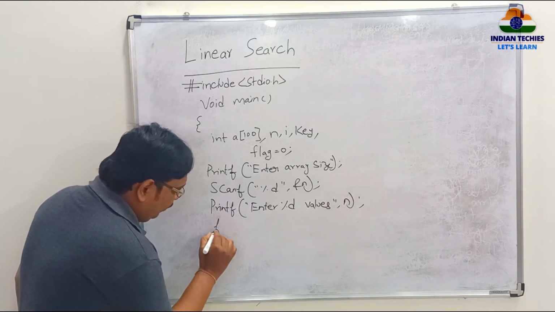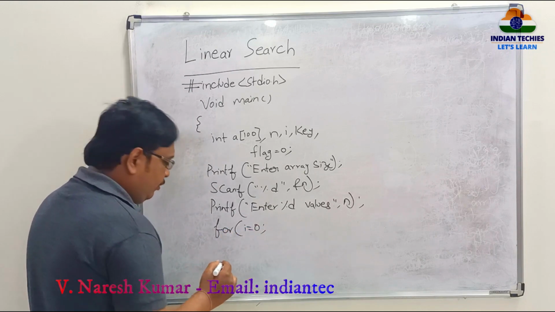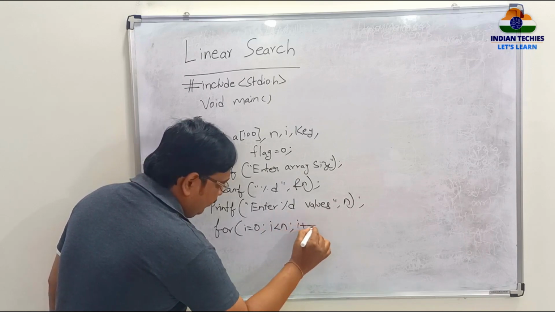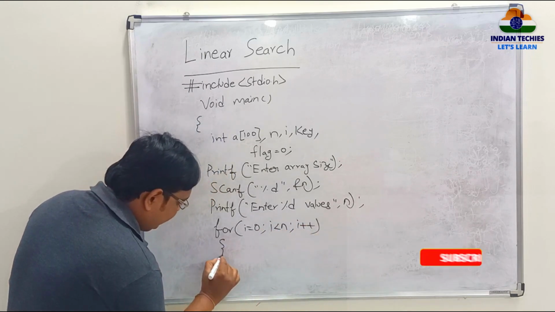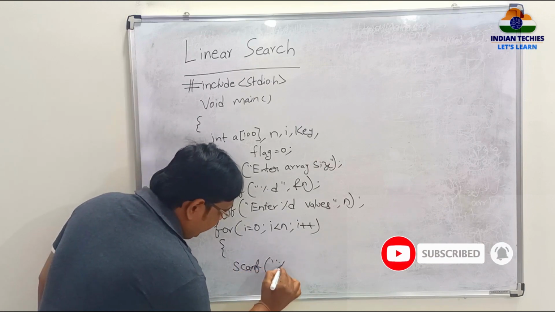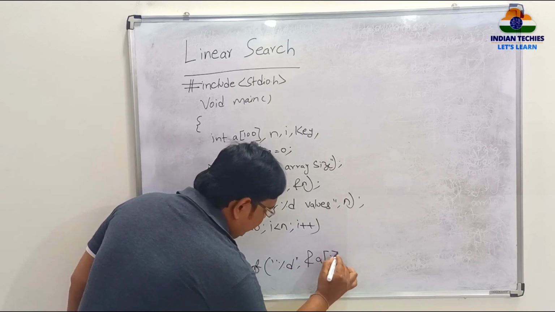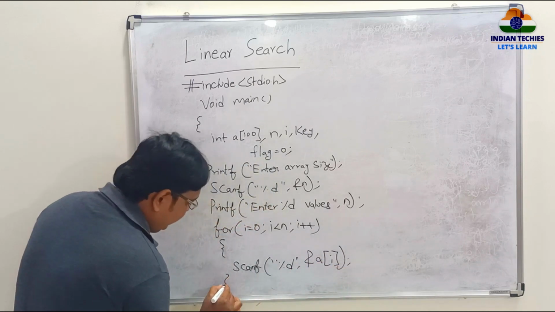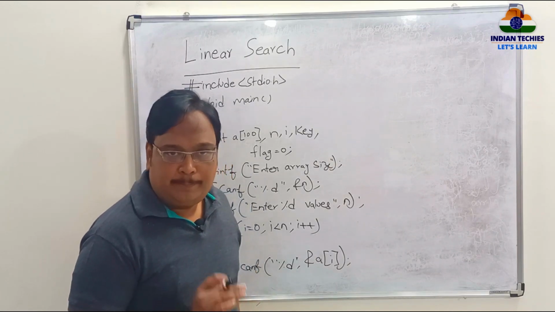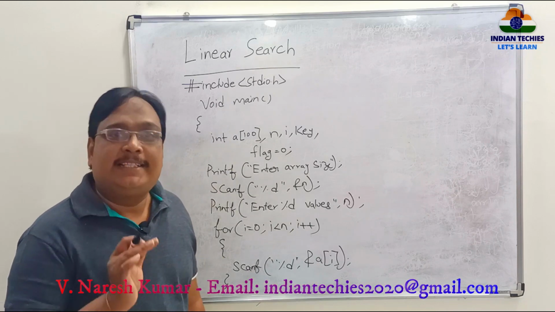Now, use a for loop, that is for i = 0, as the array starts from 0, i < n, i++. Next, scanf("%d", &a[i]). Close this for loop. Now, your input has been completed. Once your input has been completed, you should start searching.